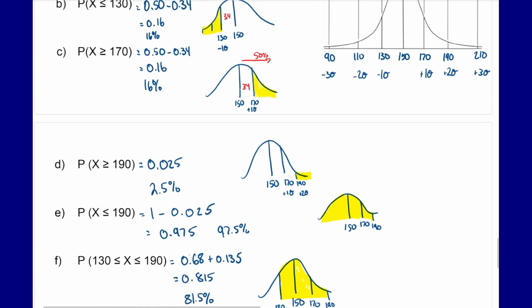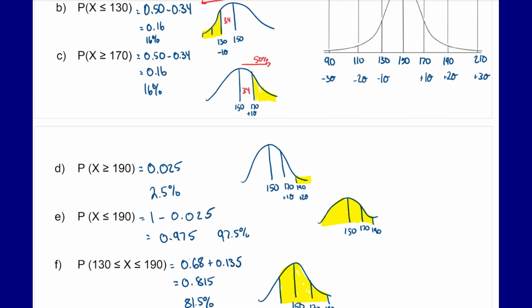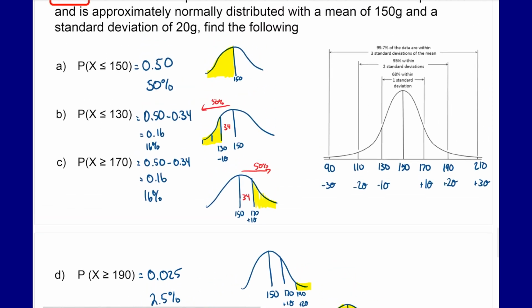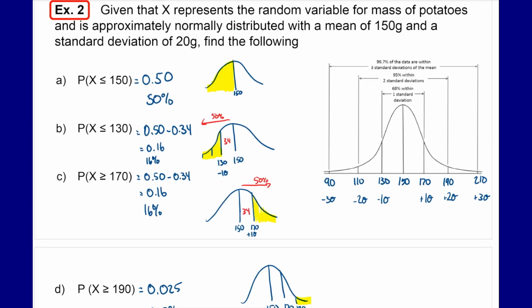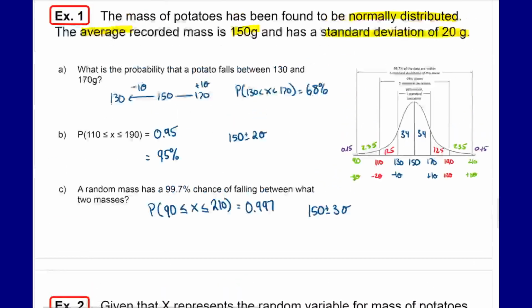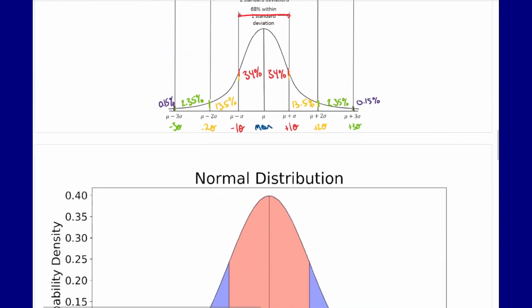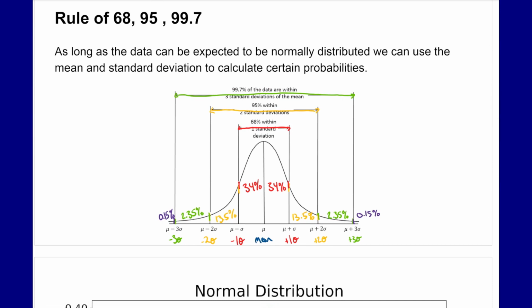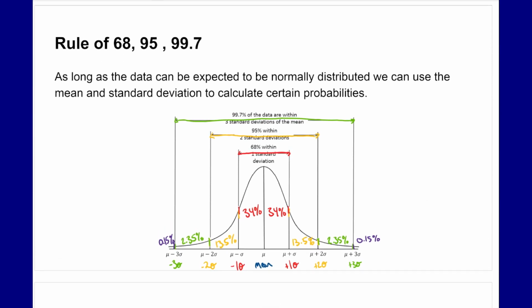But the main thing from this is now we're looking at finding the probability for continuous variables that don't follow a uniform distribution. And we're looking at the very basics of a normal distribution, focusing on the 68, 95, 99.7 rule, which uses the idea of a normal distribution and how the data falls in a normal distribution to allow us to determine the percentages or the probability of a data point falling under a certain section based off of standard deviations and the mean.